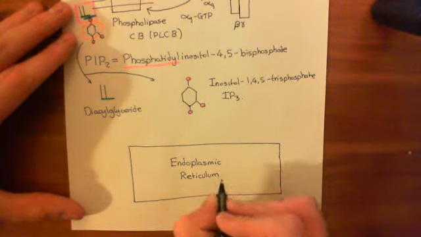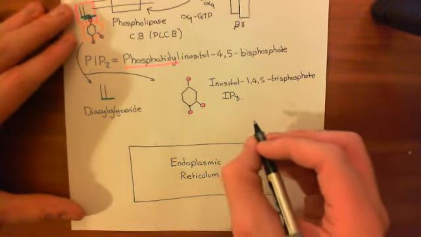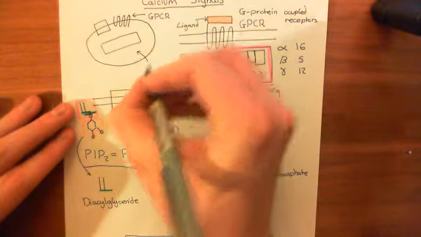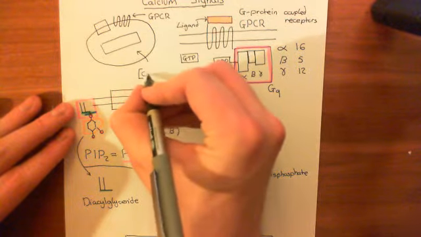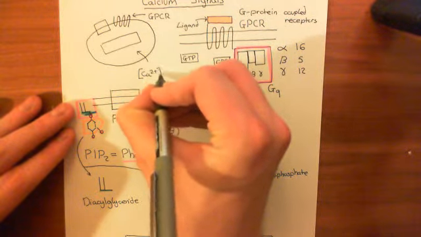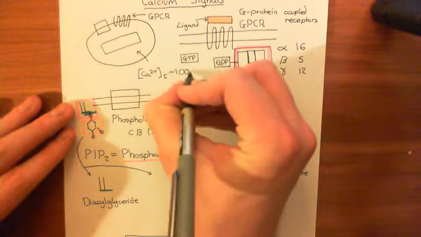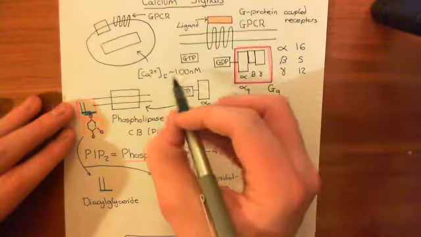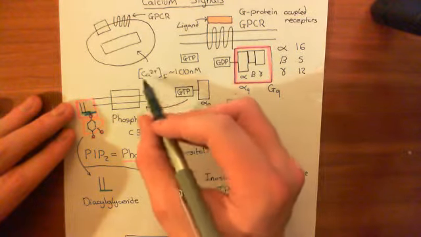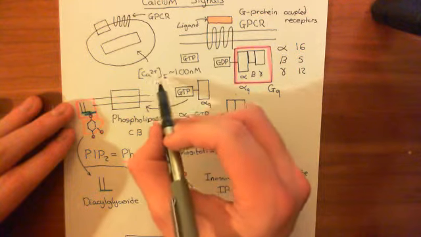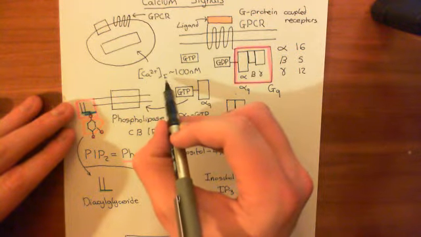Calcium concentration is extremely low in the cytoplasm of a normal cell. In the cytoplasm of the normal cell, the calcium concentration is usually around 100 nanomolar, so very, very low calcium concentrations. And when I put those square brackets around calcium, it means concentration of calcium, and that I there denotes intracellular.